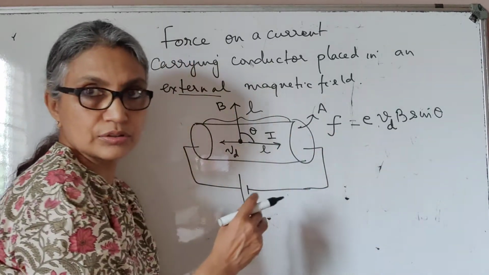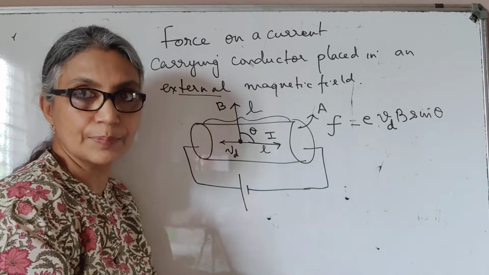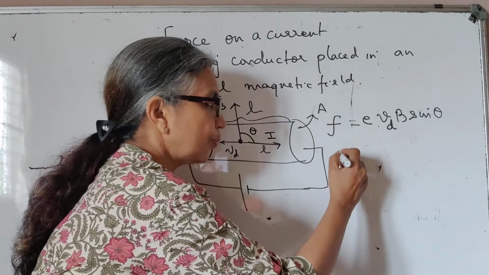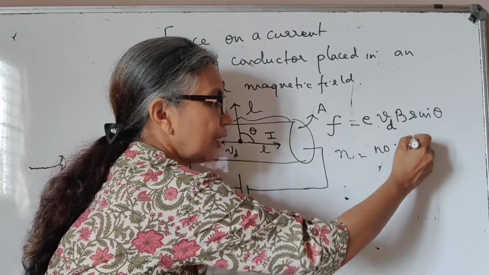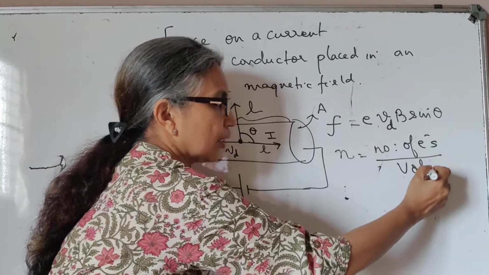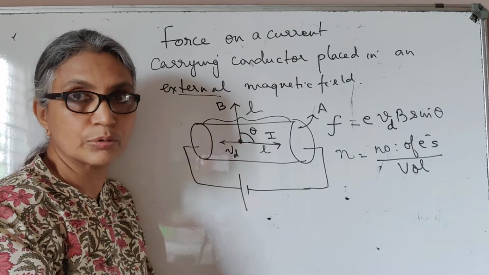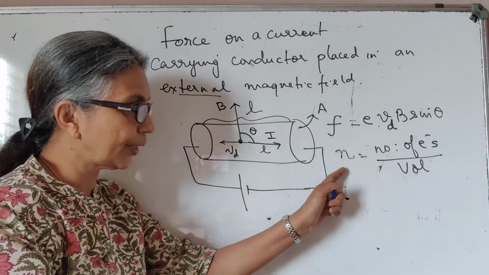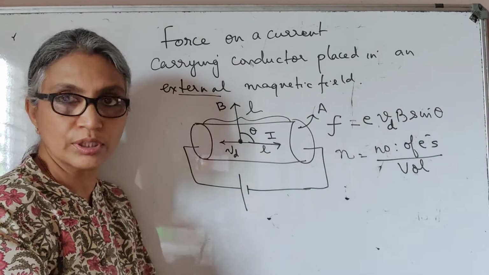Now the number of electrons. So this is the force on one electron. Let's find out how many electrons are present in this conductor. I hope you remember that we defined small n as the number of electrons in unit volume of any conductor. This we did in current electricity. When we did I equal to nEAVd, I told you n is the number of free electrons present in the conductor per unit volume.